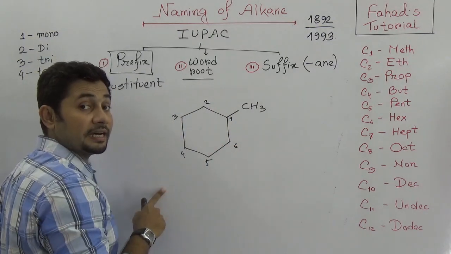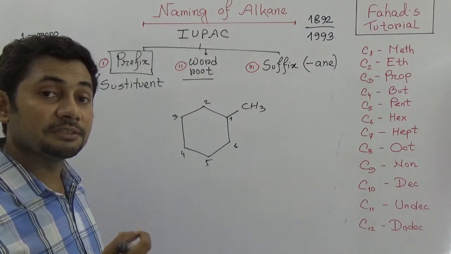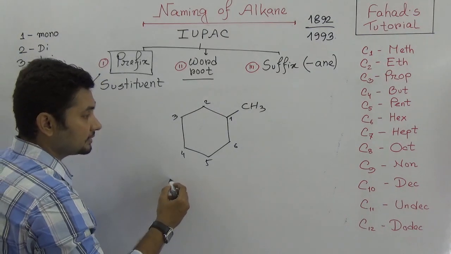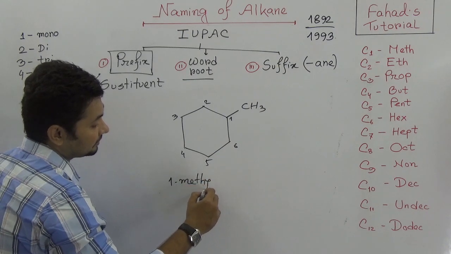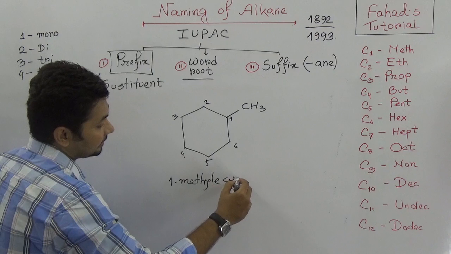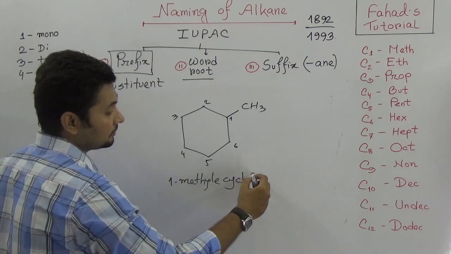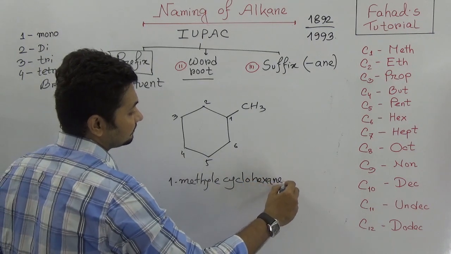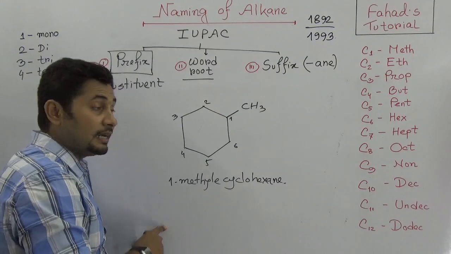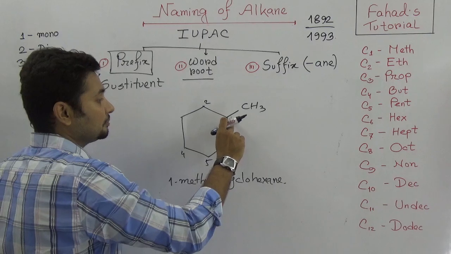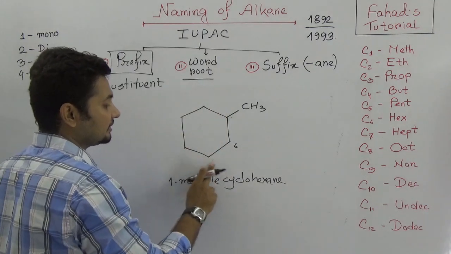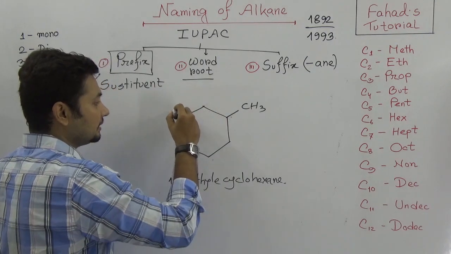Cyclohexane, but a methyl branch or substituent is added here. So we can say this is 1-methylcyclohexane.